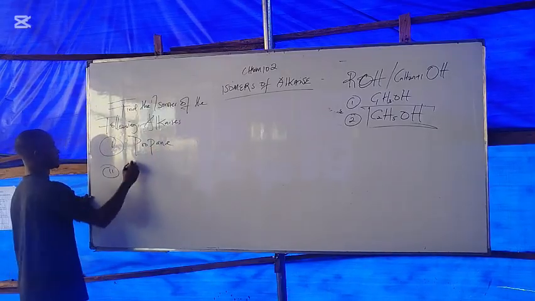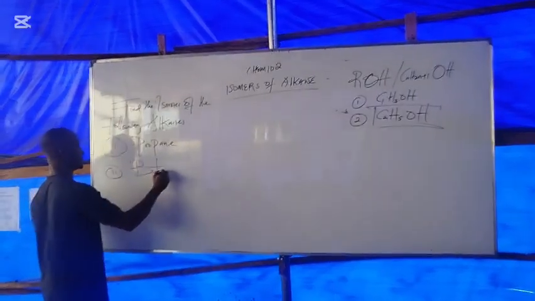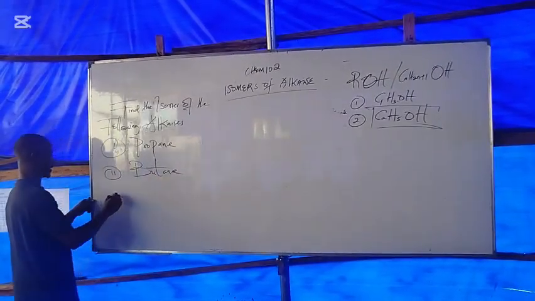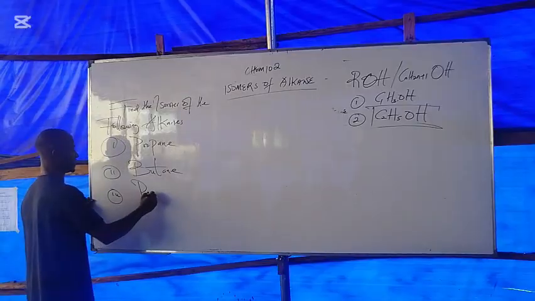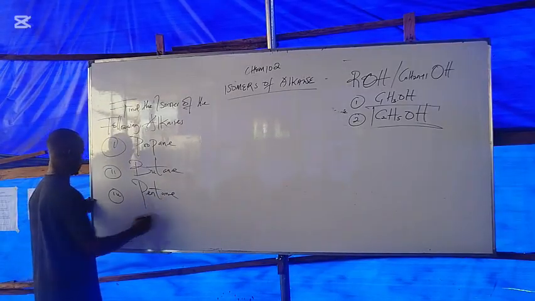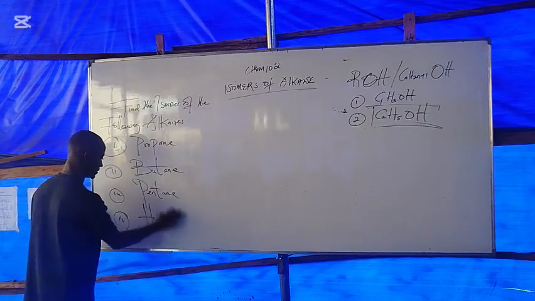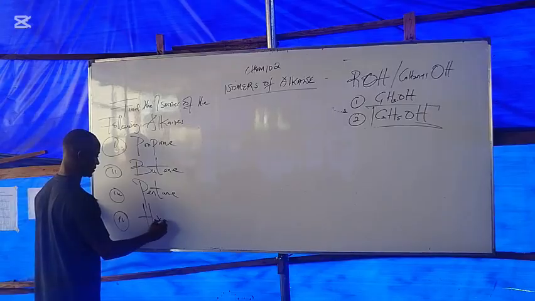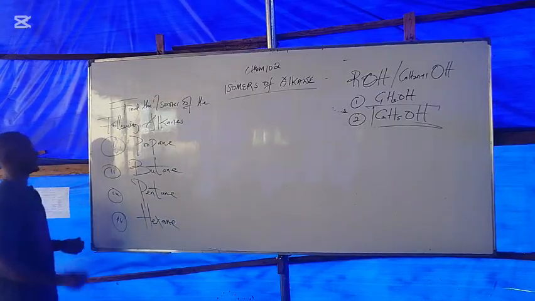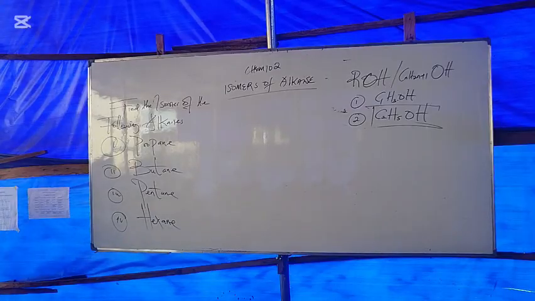Number 2, butane. Number 3, pentane. Number 4, hexane. Alright guys, find the isomers, meaning bring out all the isomers of this compound.